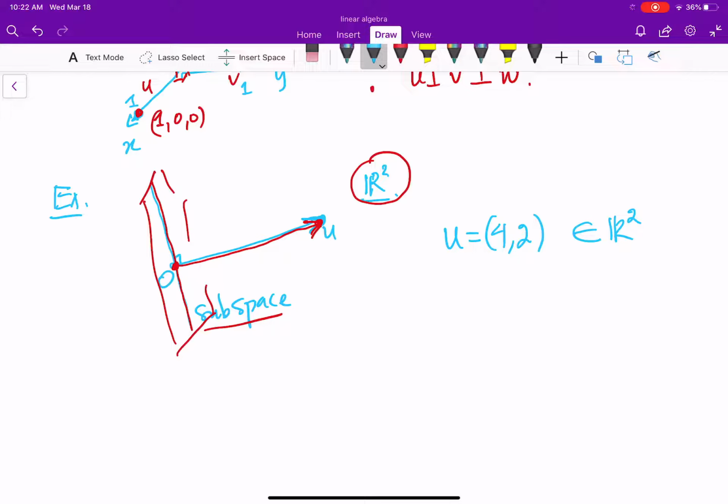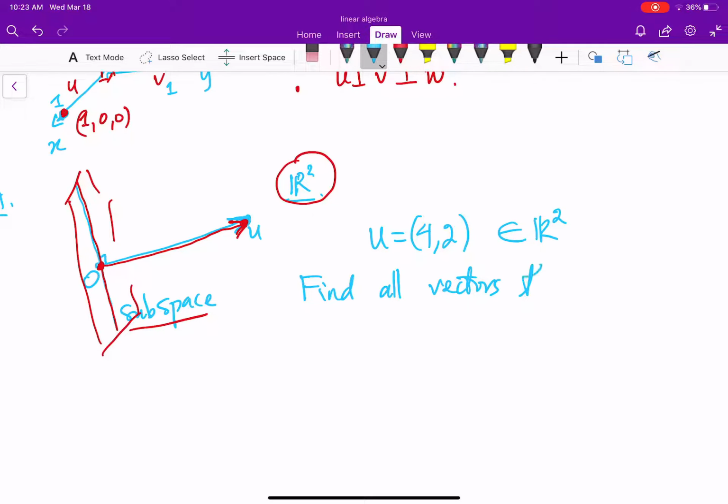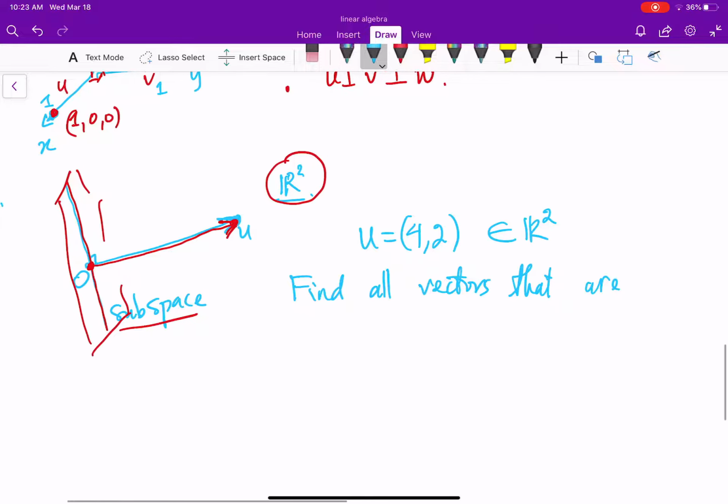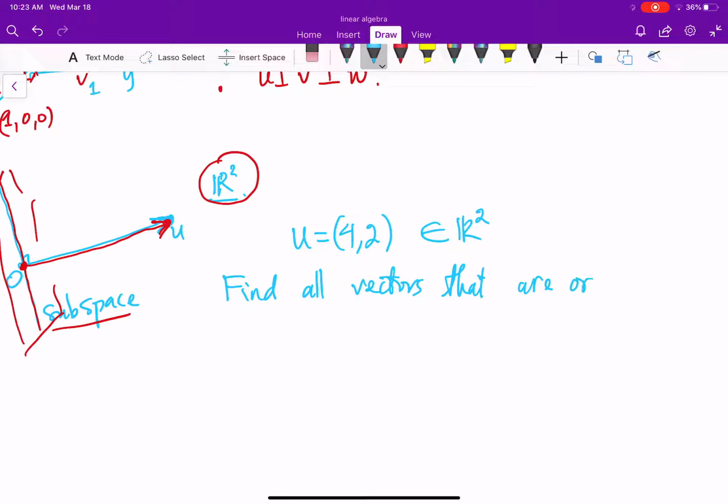So basically we need to find a straight line which is orthogonal to this vector. All right, so let's say find all vectors that are orthogonal to v, or to u.